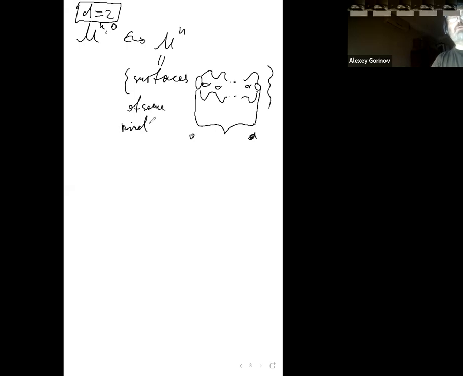We consider surfaces with the first coordinate from 0 to a, where a is greater than 0, and we fix the behavior near the hyperplane where the first coordinate is 0 and the hyperplane where the first coordinate is a.